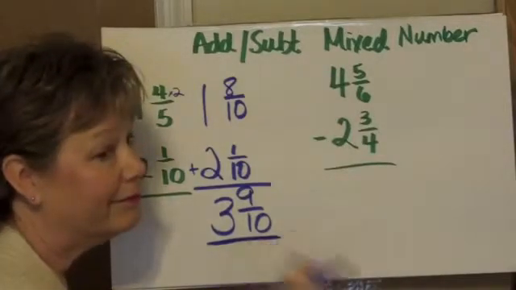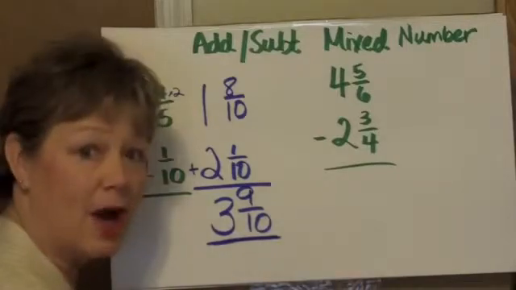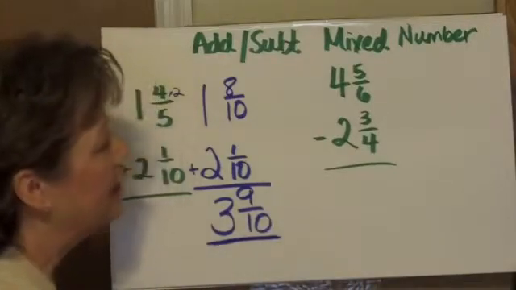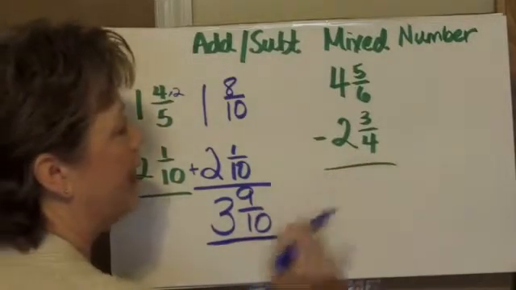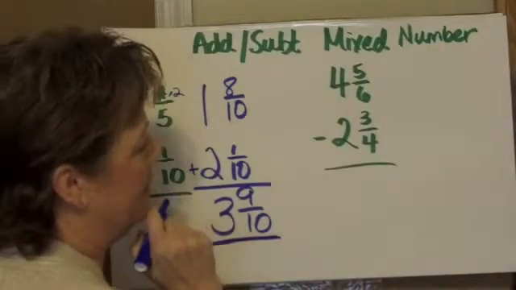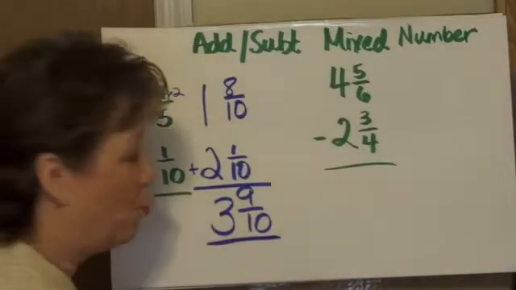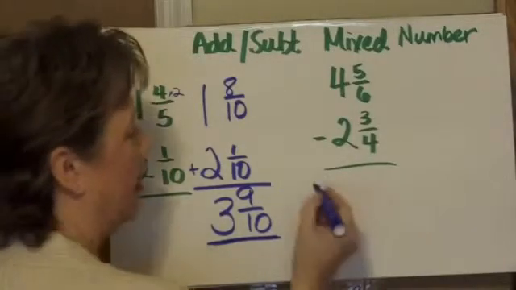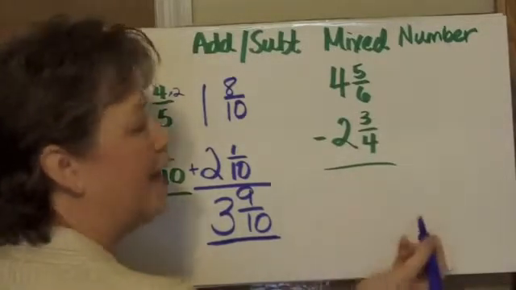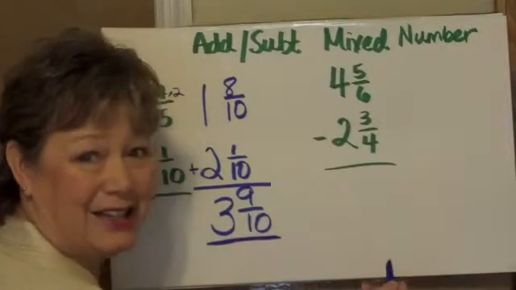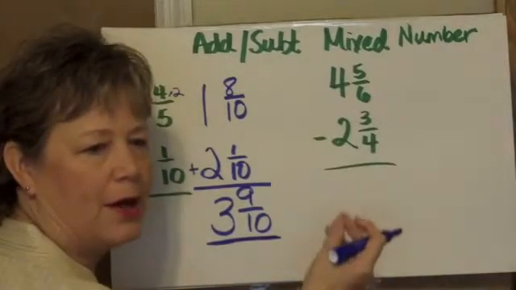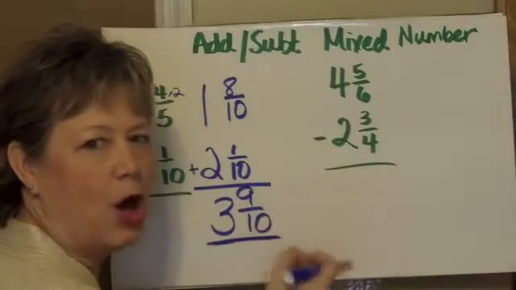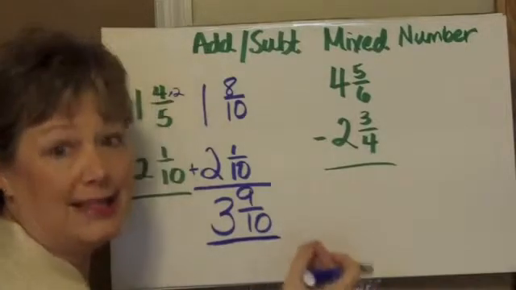Again, first thing, I must have a common denominator. So I'm going to look over here, and I'm going to think for just a minute. And you may want to make a list. If you need to make a list, go ahead. Let's make a list of the multiples. And again, I told you last week, I like to start with a large number because sometimes I can see that smaller number multiple as I'm listing them.